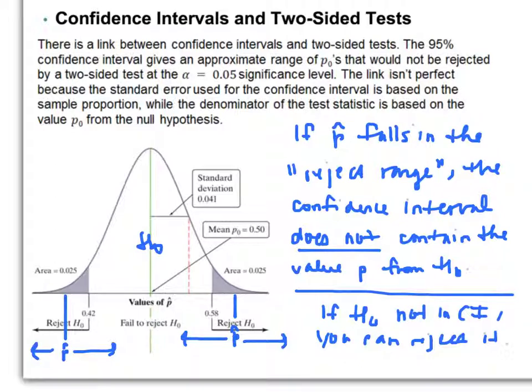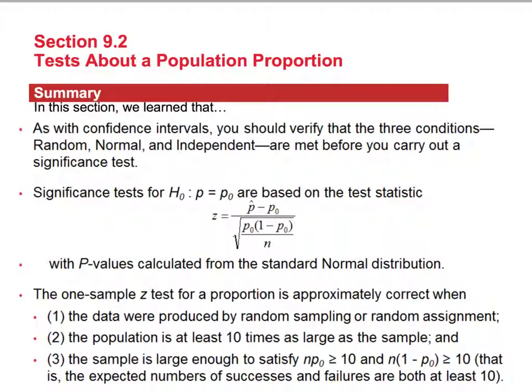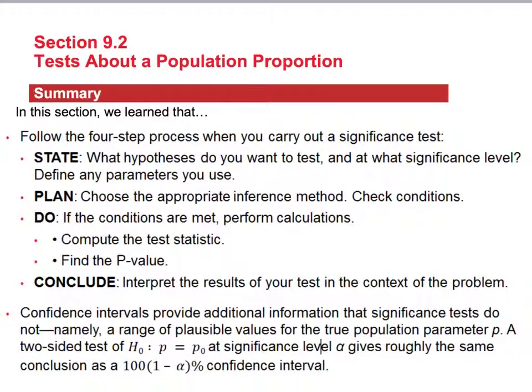If you compute a confidence interval and you do not contain the null, then the null is not plausible and you reject. So this is just a summary of everything we've done. So what you do, the state plan to conclude, and then how confidence intervals are tied with two-sided tests.